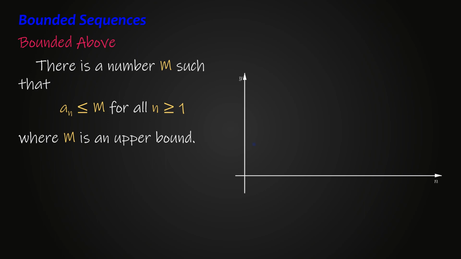This monotonic sequence is bounded above by an upper bound m. Although its limit L is not necessarily equal to m, as the limit L may be less than or equal to an upper bound m. This sequence is also bounded above by m, although it is not monotonic.